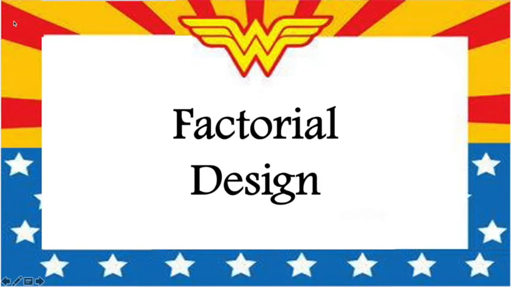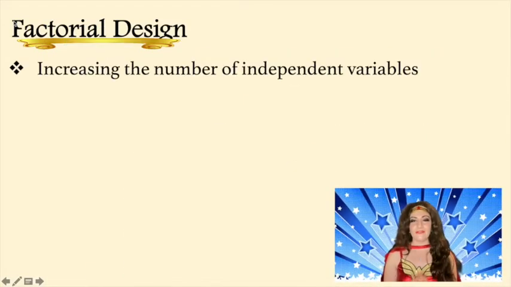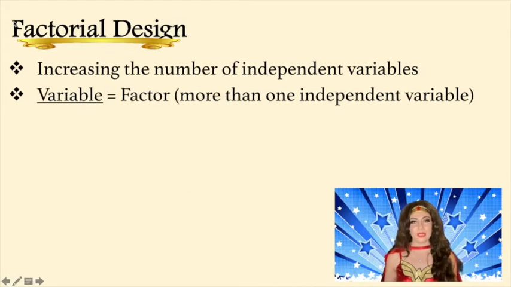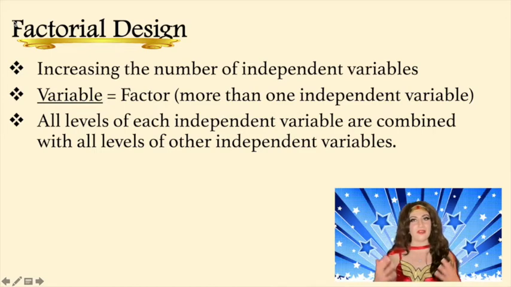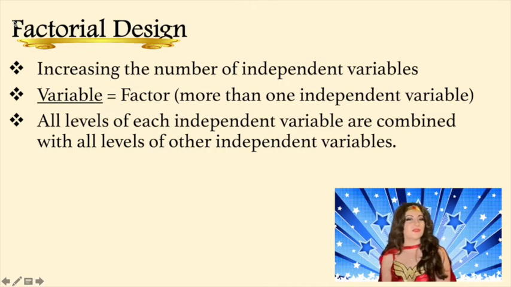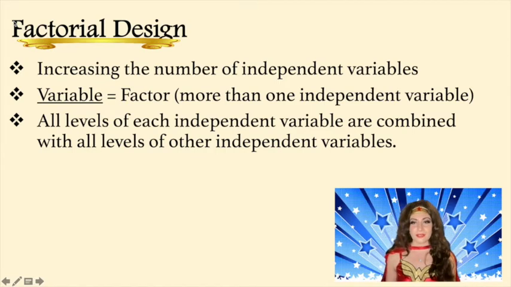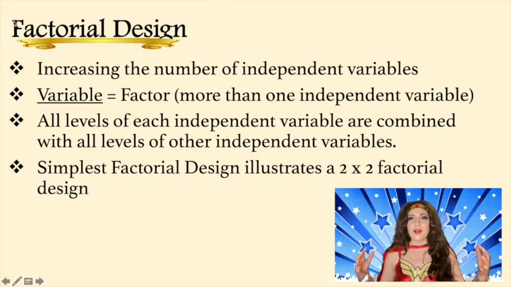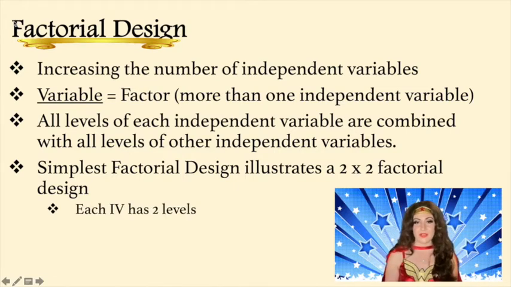So the first thing we'll talk about are basic factorial designs. Now, if you increase the number of independent variables you have in your experiment, you are therefore increasing the number of factors, right? The number of things that can influence your dependent variable. So another word for variable is factor. If you have 2 independent variables, you have 2 factors. All the levels of each independent variable are combined with all of the levels of other independent variables.